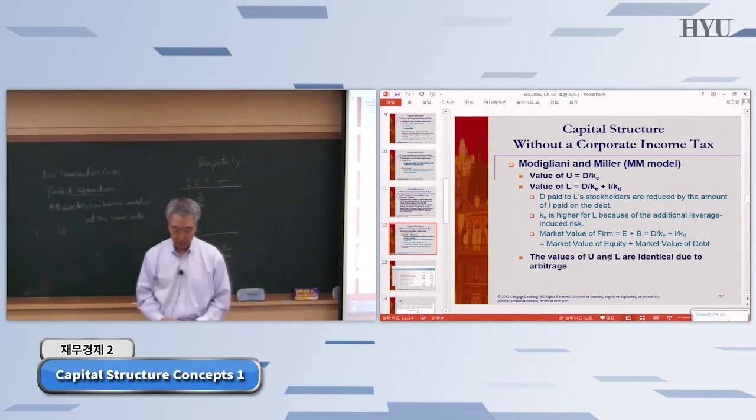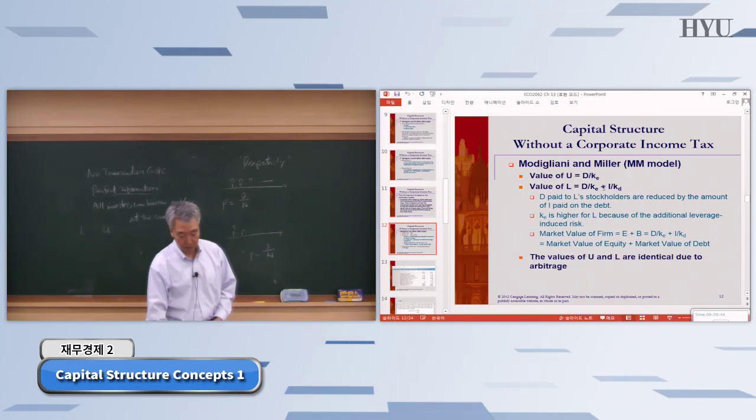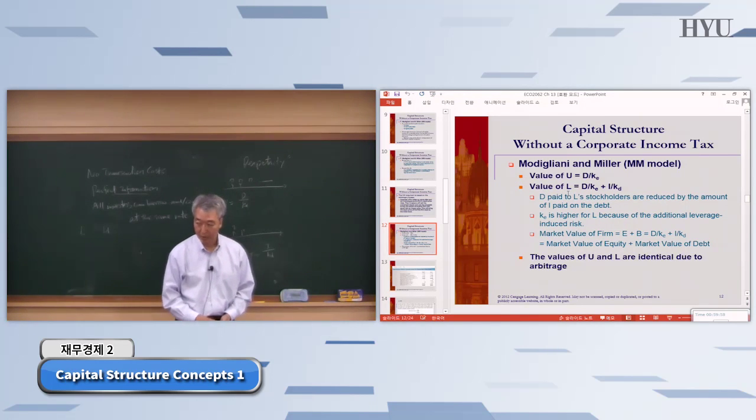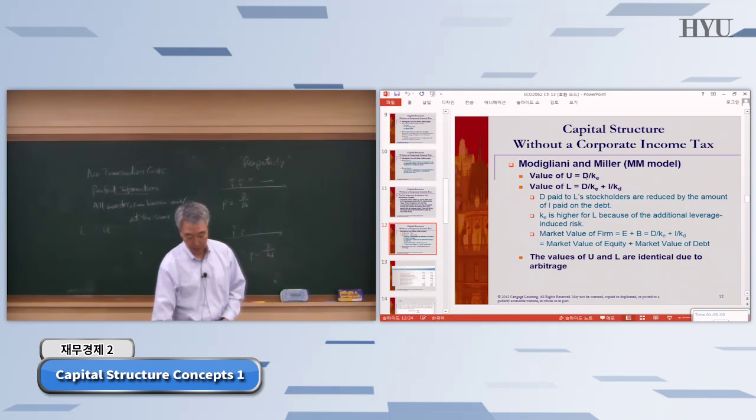So, company U has no debt, only equity, 100% equity. So their value is dividend divided by cost of equity, KE. Company L has both equity and debt. So their value is their dividend divided by cost of equity plus interest payment divided by cost of debt.